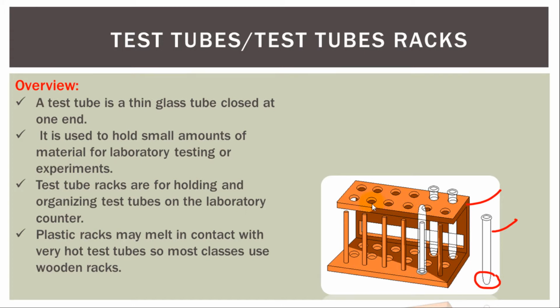Another thing you should know is, generally speaking, we don't use plastic racks, because you never know what you have in here. It could be something that releases a lot of heat. You don't want the thing to melt, so generally speaking, we use wood. And that's basically what they're used for, just to hold and test different samples of things. Oh yeah, and I have this right here, basically just labeling the test tubes.